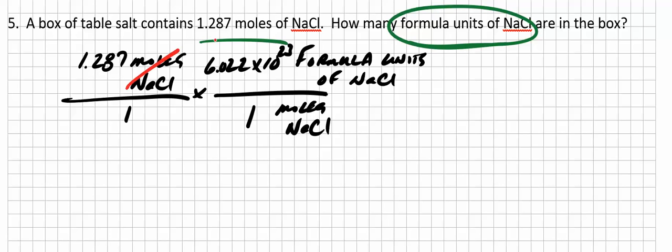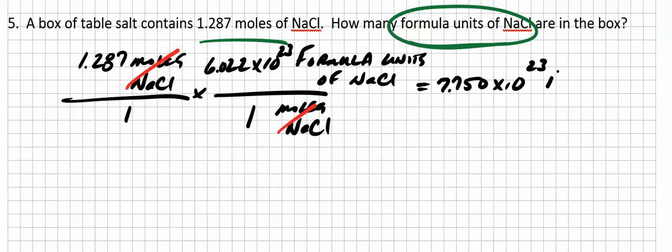Now, I can cancel. That will cancel with that, not by accident, but by design. And I'm going to be left with formula units. That's what I'm looking for. I'm going to take these two numbers now. I'm going to multiply them. And the number that I get is this. 7.750 times 10 to the 23rd.